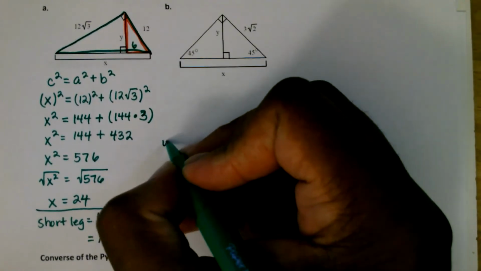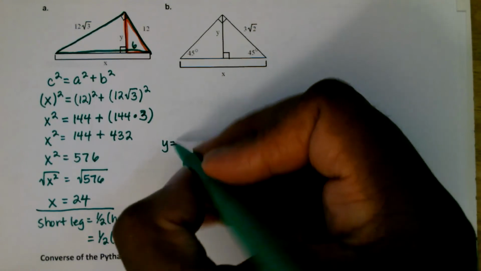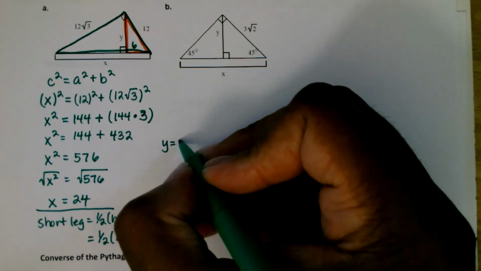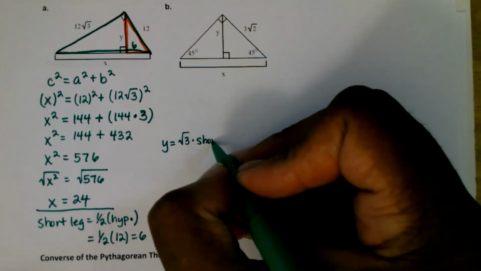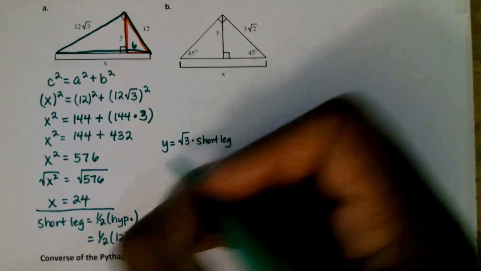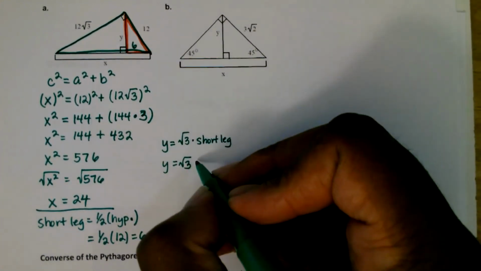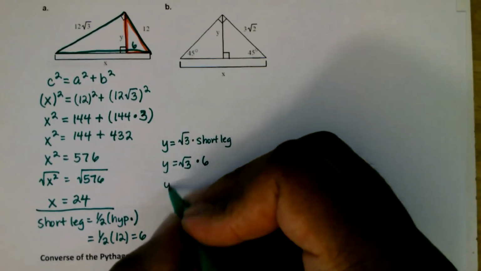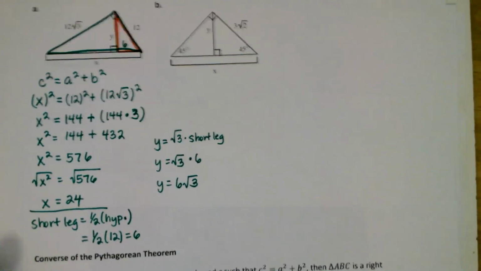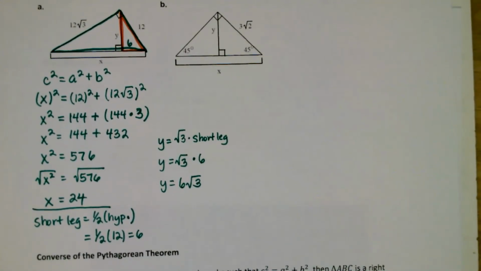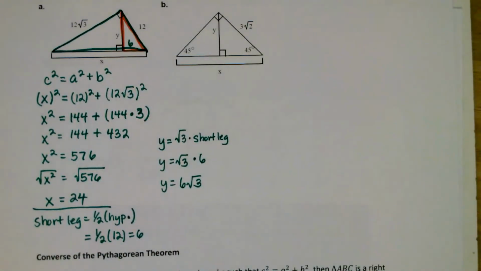Because y is the long leg, and that's going to be the square root of 3 times the short leg. That short leg was 6, so it'll be the square root of 3 times 6. The best way to write that would be 6 square roots of 3. So that's what y is. That's this longer leg in that right triangle.